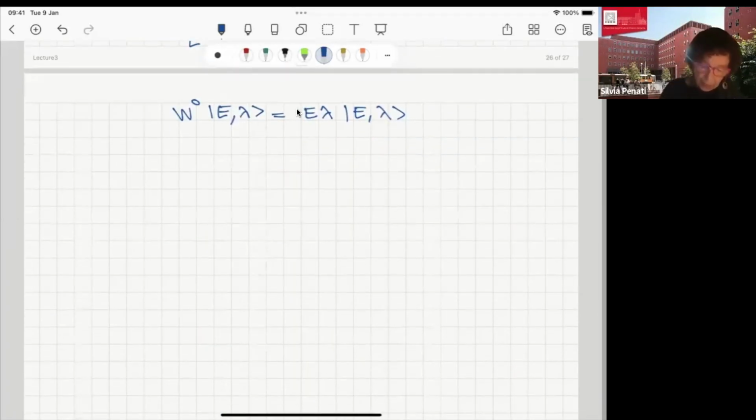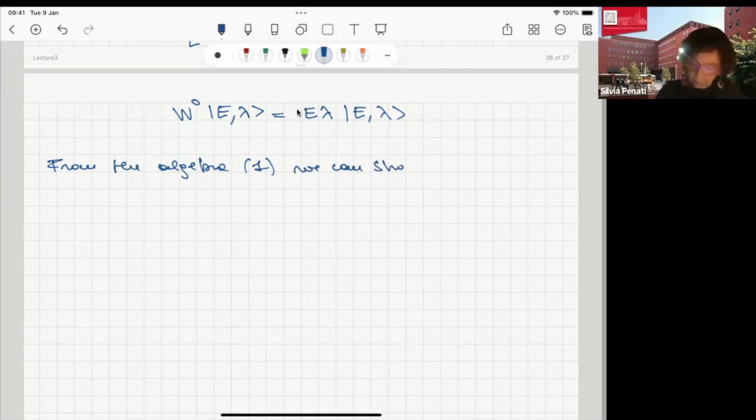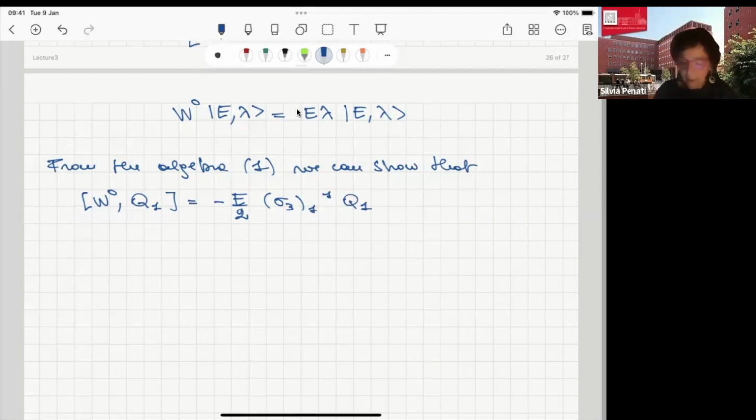In fact, still from the original algebra, we can show that if you commute W0 with Q1, what we get is minus E over 2 sigma 3 1 1 Q1, and sigma 3 1 1 is simply 1.